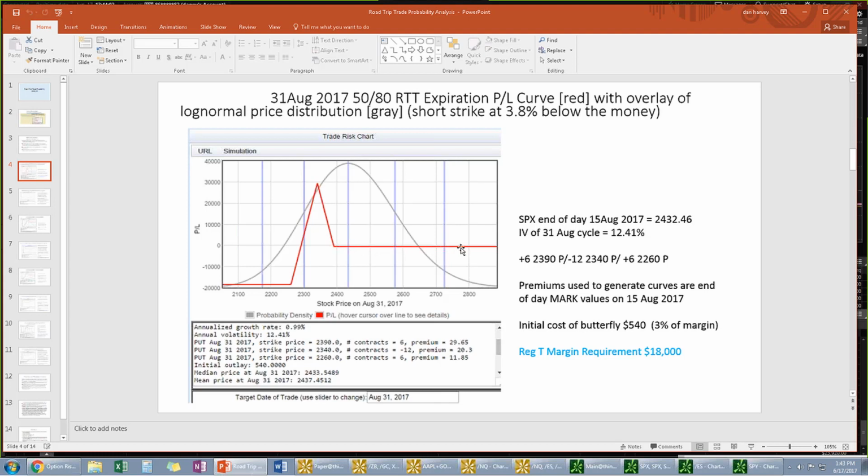You're going to have a few trades where you lose the entire 18,000, not all that many, and quite a few where you lose maybe this much, but quite a few where you're making big bucks. And when you add these all up, as we'll see in the next slide, you're going to make about $900.